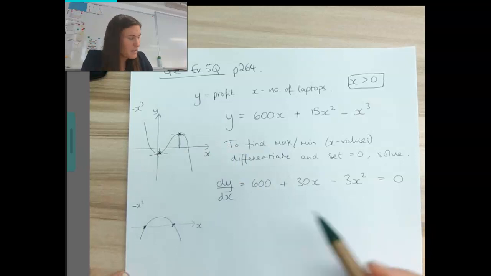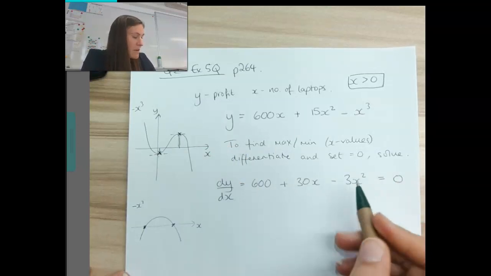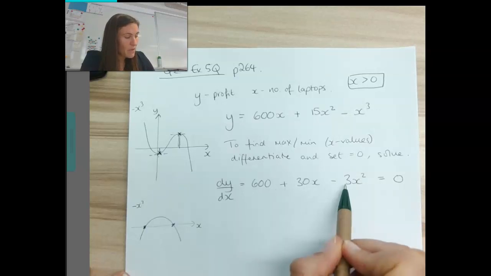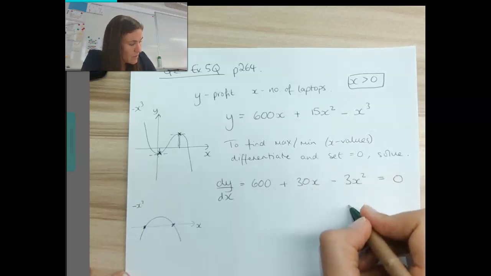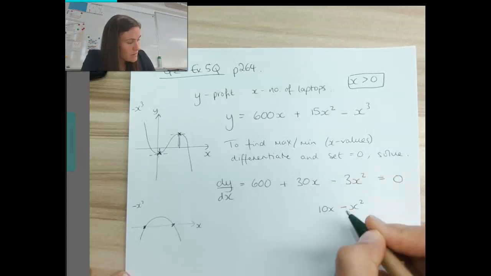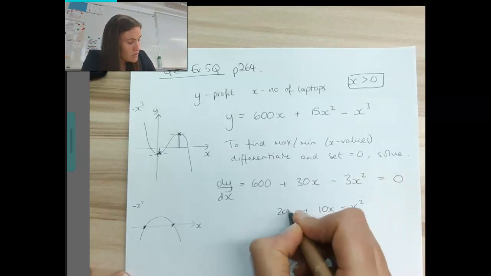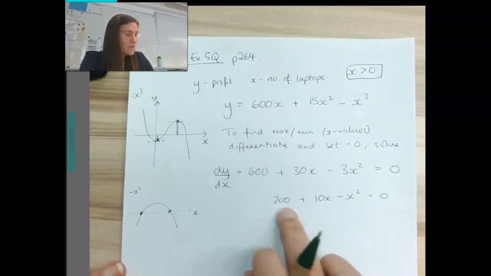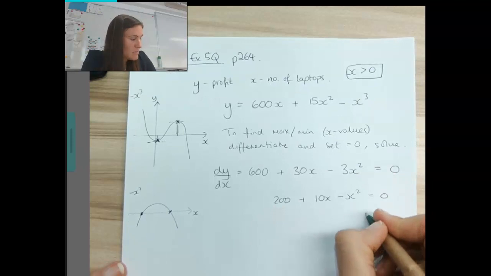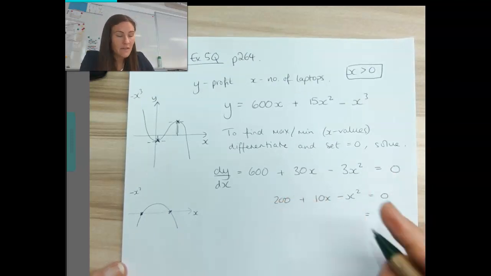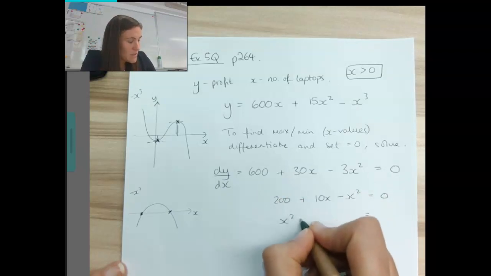You can do it on a calculator. I'm going to do it by hand just because it looks like it might be doable. The first thing I'm going to do is divide everything by 3, because I can see that 3 is a factor, and that will give me just a single x squared, 10x and 200. And because this is equal to 0, the solutions will be the same if I take all of these terms over to the other side, just to make the x squared positive.